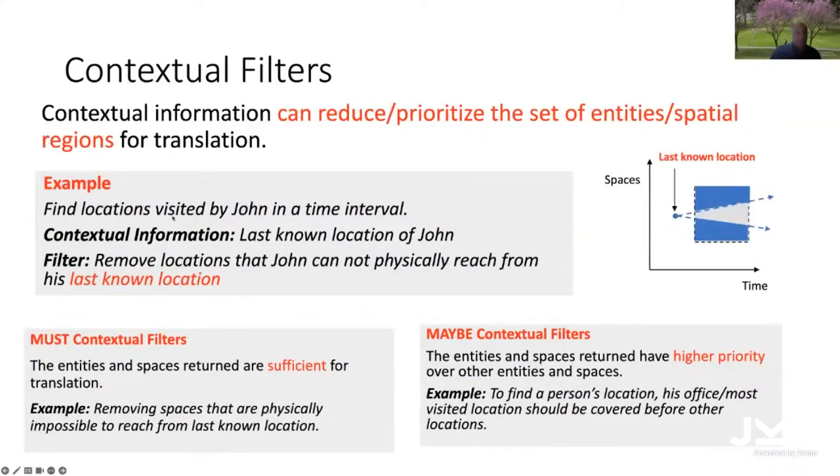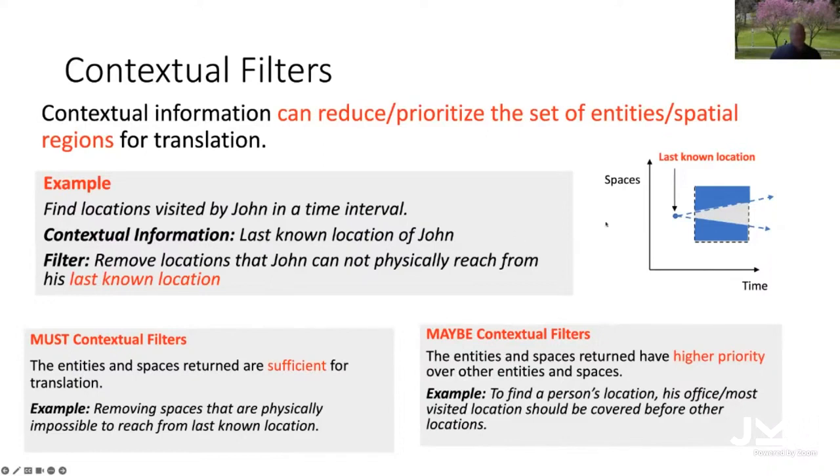For example, just continuing with the example of John, if our goal was to find the location of John at a given time interval, this could be a really hard query because effectively John could be anywhere in the campus, and there are thousands, or even tens of thousands, of sensors to go through to figure out the location of John. Instead, imagine contextual information is available, in the form of, let's say, the last known location of John.